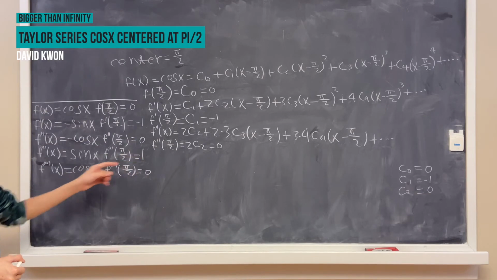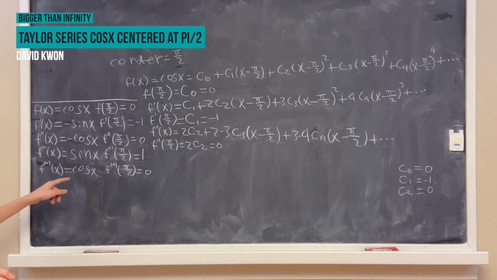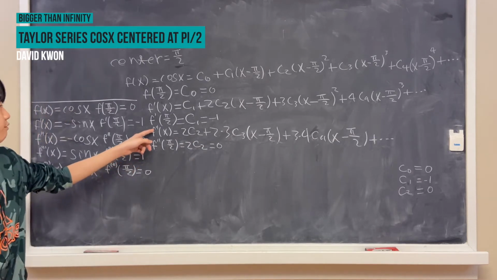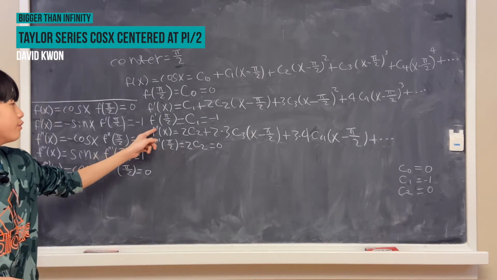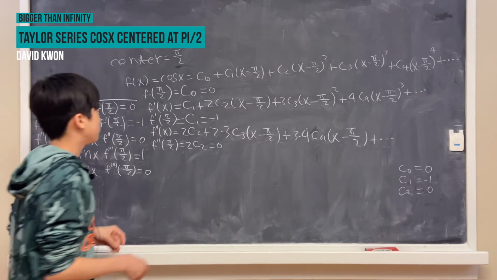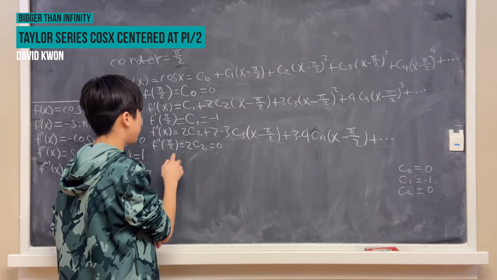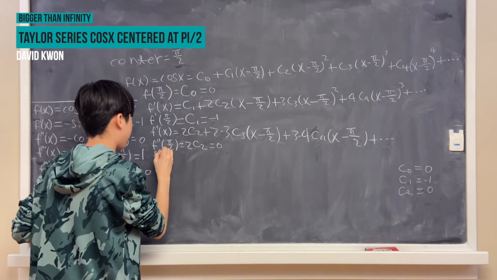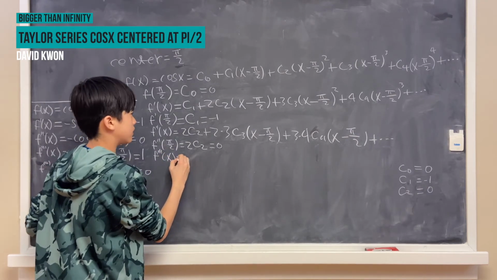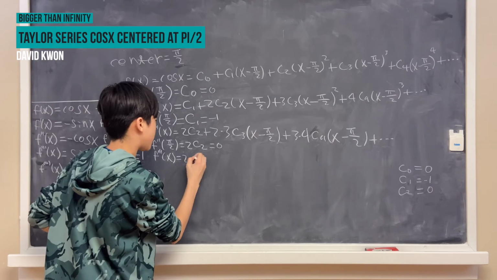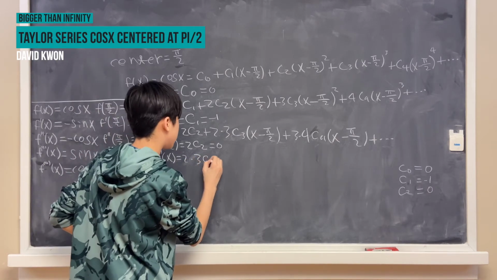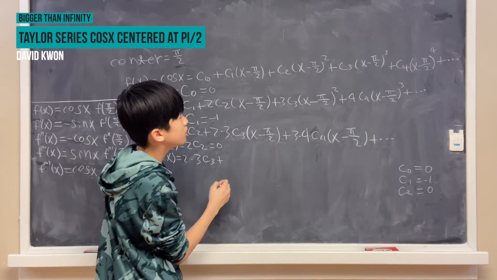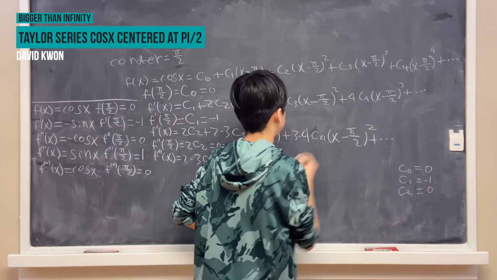We will differentiate these functions until we have f to the power of 4 x. So after differentiating this function now, we have f triple prime x is equal to 2 times 3 times c sub 3 plus, oh wait, I'm supposed to have a squared here.